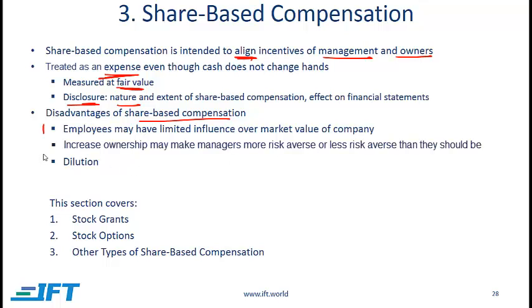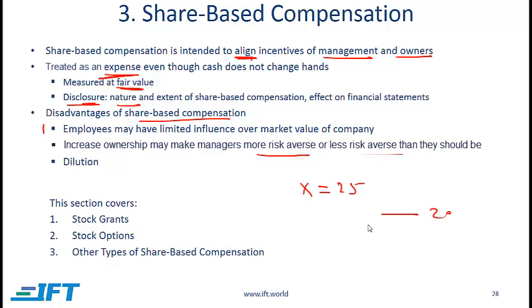The second point is that incentives such as stock options might make managers more risk averse or less risk averse than they should be. This might seem contradictory, but let's understand this through an example. Let us say that employees get stock options with an exercise price of 25, and let's say that the current company stock price is 20.